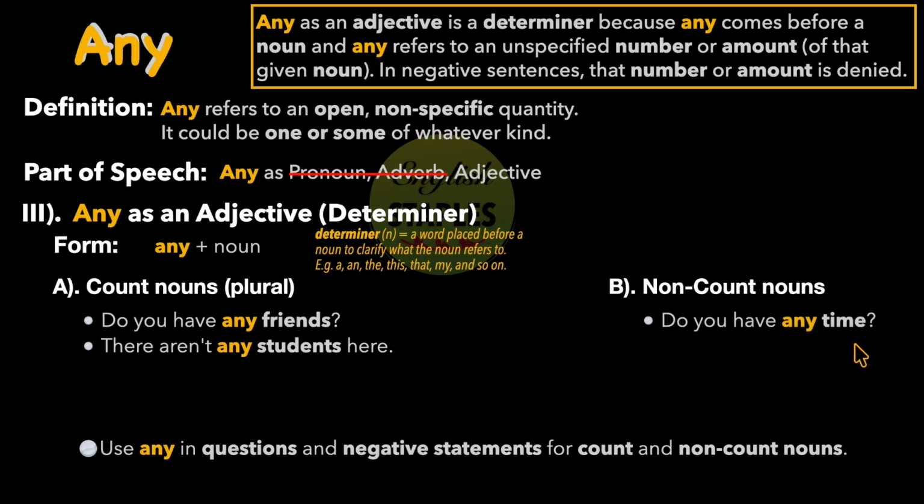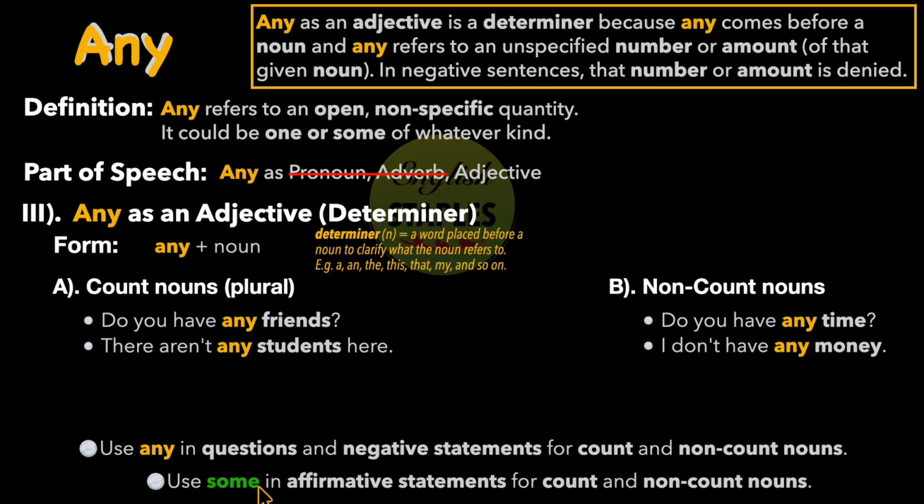Do you have any time? Question. Non count nouns. Time is a non count noun. I don't have any money. Negative. Any is present in the negative, but money is non count.